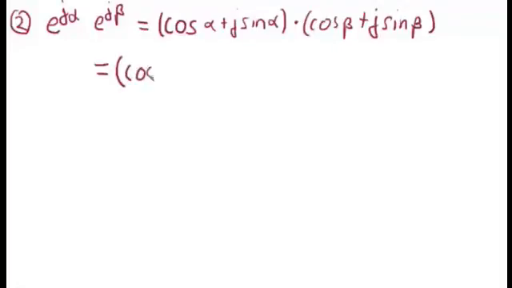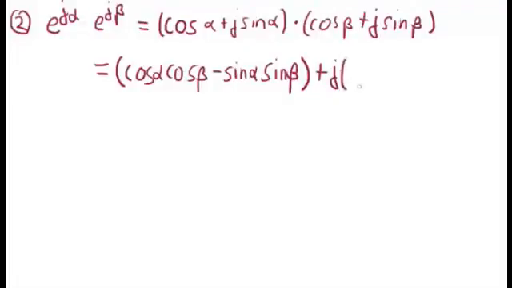The real part is cosine alpha cosine beta minus sine alpha sine beta, since j squared is minus 1, plus j times cosine alpha sine beta plus sine alpha cosine beta.